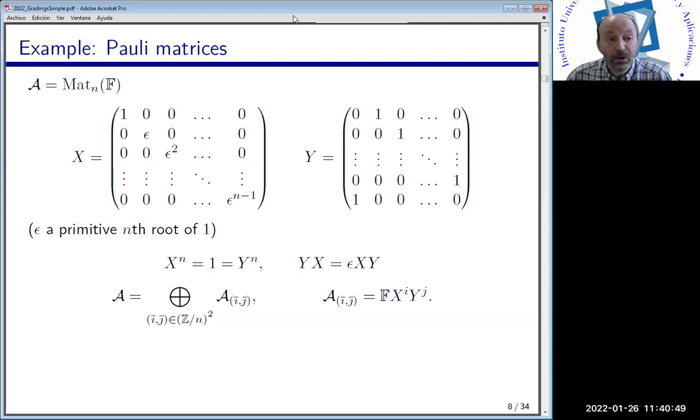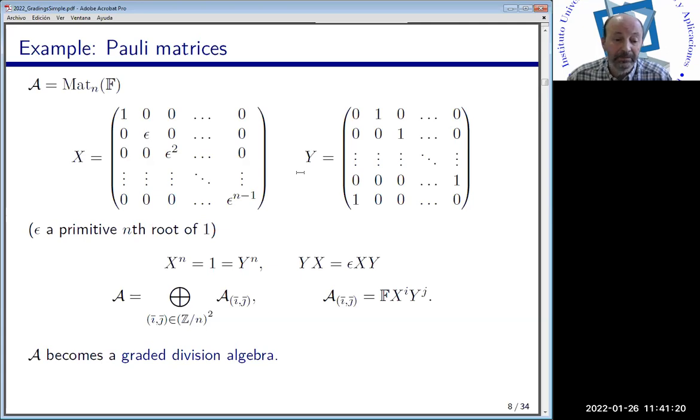Even though this algebra is definitely not a division algebra, all non-zero homogeneous elements are invertible, because x and y are invertible elements, and therefore all these monomials are invertible. So all non-zero homogeneous elements in this grading are invertible. And then we say that A is a graded division algebra.